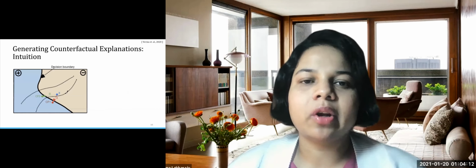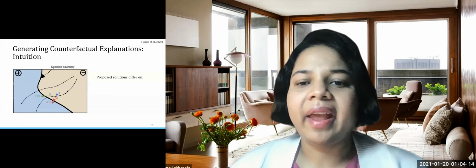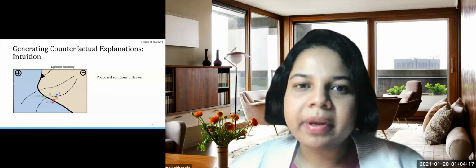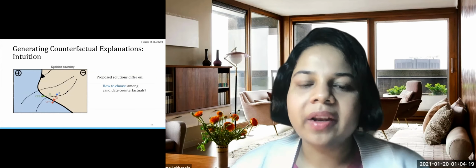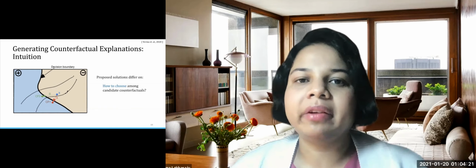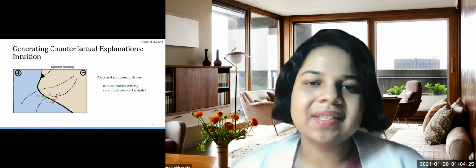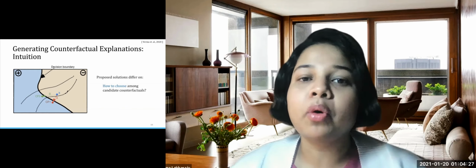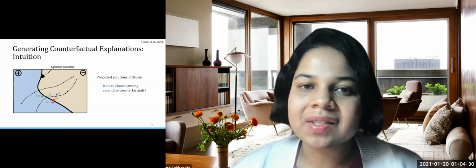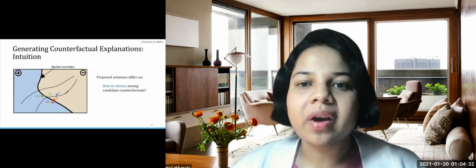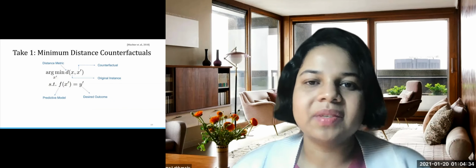So that's pretty much what a lot of these algorithms do. And the main aspect where these algorithms differ on is how to choose among various candidate counterfactuals. For example, what you see in this picture is that CF1 and CF2 are both valid counterfactuals for X, which one to pick, right? So that choice is where most of the algorithms differ.